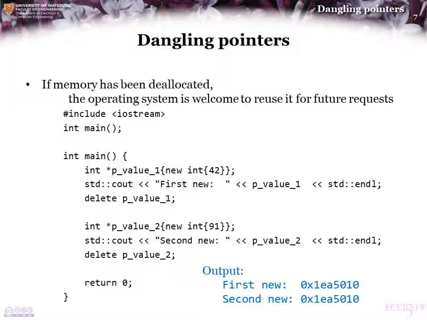So here, the memory for pointer value 1 is allocated, displayed, and then deleted. When memory is requested for pointer to value 2, you will notice that it happened, at least in this case, to get that same memory location.